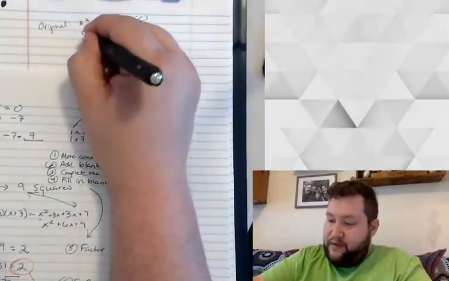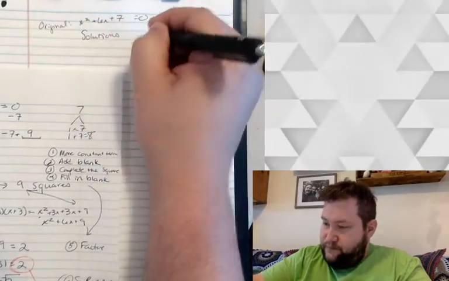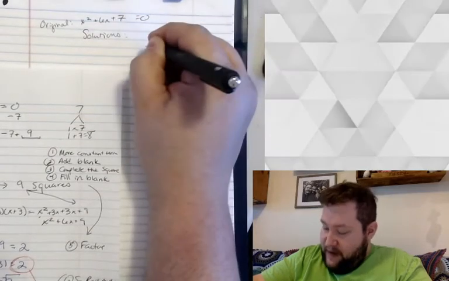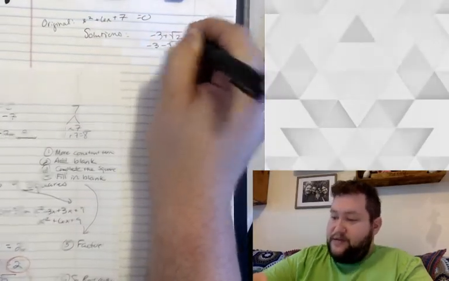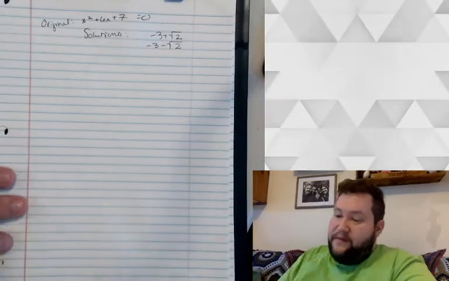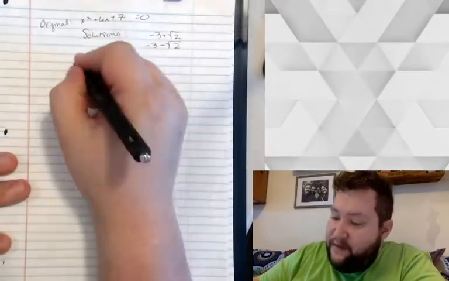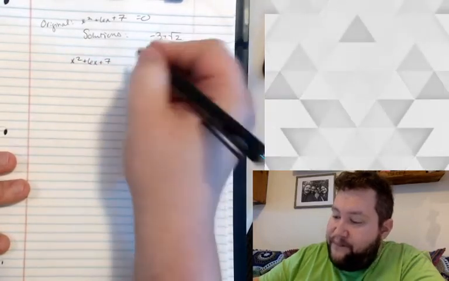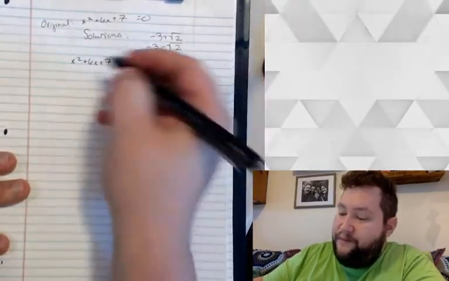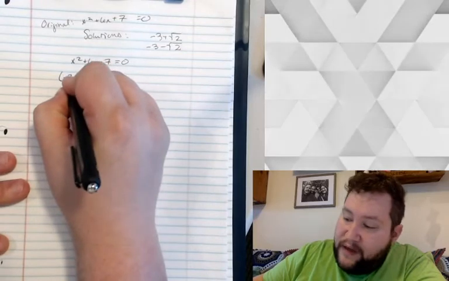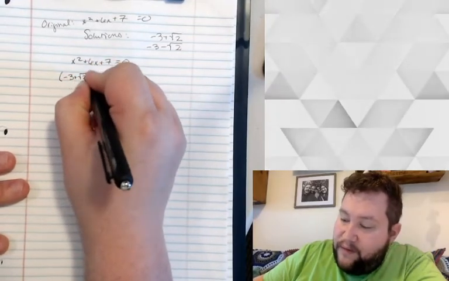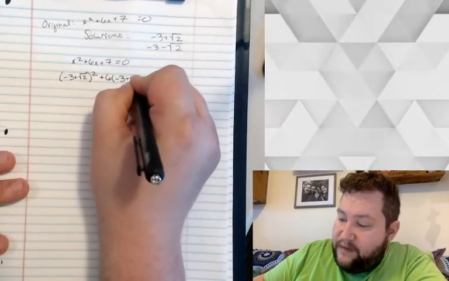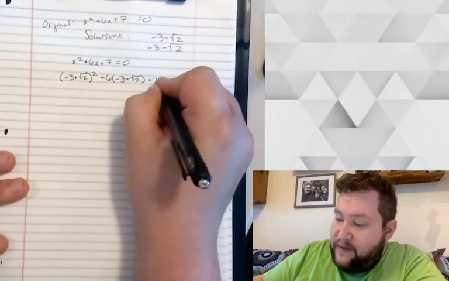And our solutions were -3 plus the square root of 2 and -3 minus the square root of 2. And it's good practice to check. So if we have x squared plus 6x plus 7 equals 0, let's check -3 plus the square root of 2 squared plus 6 times -3 plus the square root of 2 plus 7.